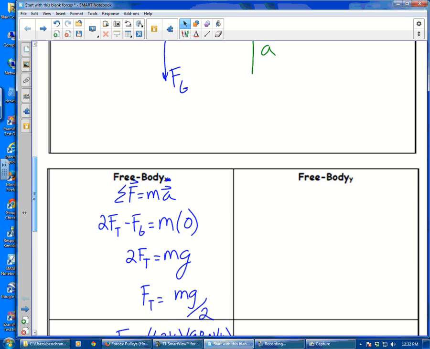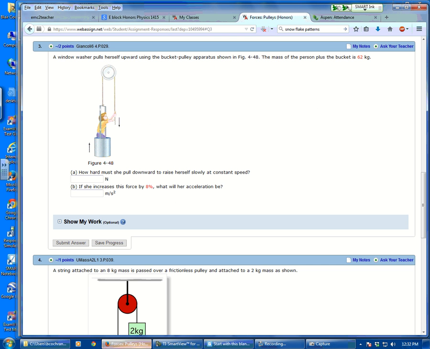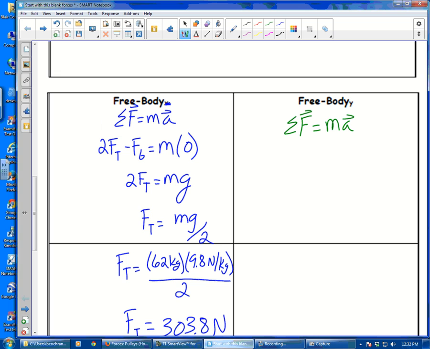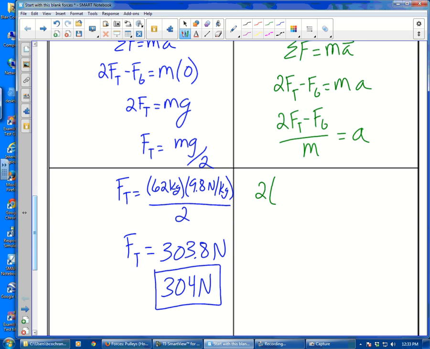All right, so now on the other side, when I have the acceleration, they told me my force is 8% larger. So I'm going to leave this as 2Ft minus Fg over m equals a. 2 times my Ft is going to be 1.08 times that 303.8.